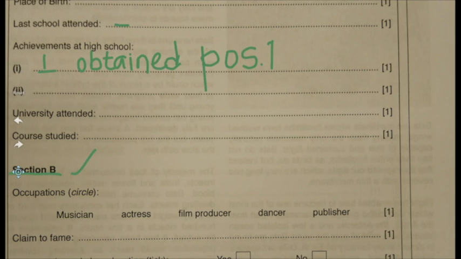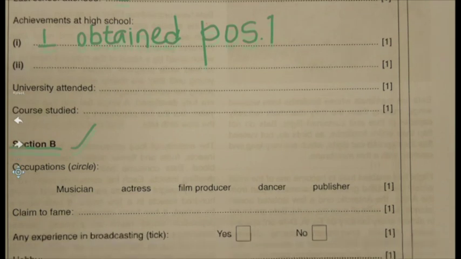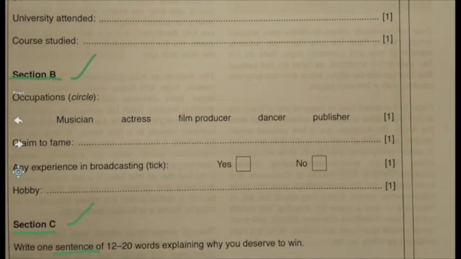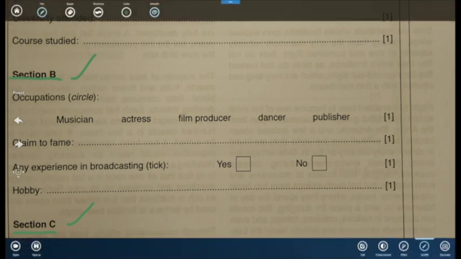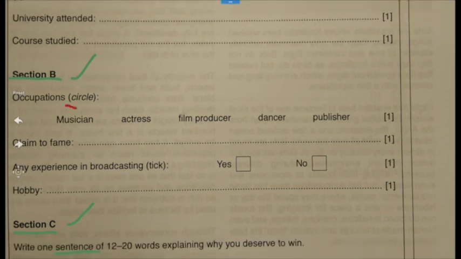Let's get to section B. Again, we are looking at the following instructions here. Section B says, okay, they need occupations, and the instruction says we should circle. All right, that's the instruction right there.